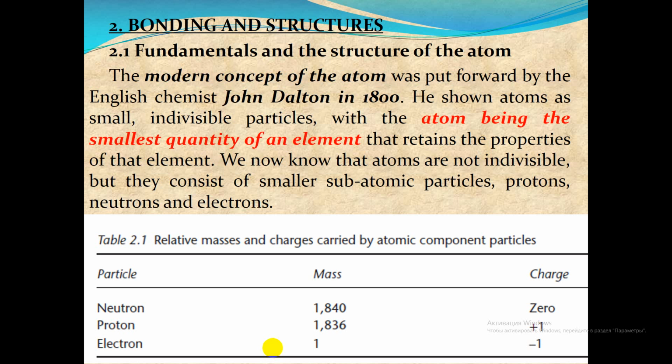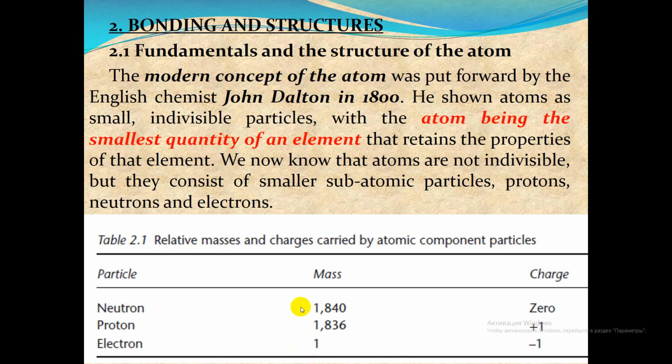The orbiting electrons are negatively charged and are tiny compared to the nuclear particles. The number of protons in the nucleus defines which element it is, and this number is called the atomic number Z.